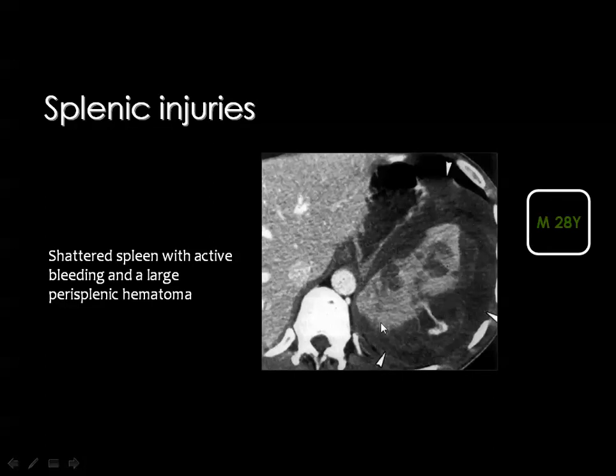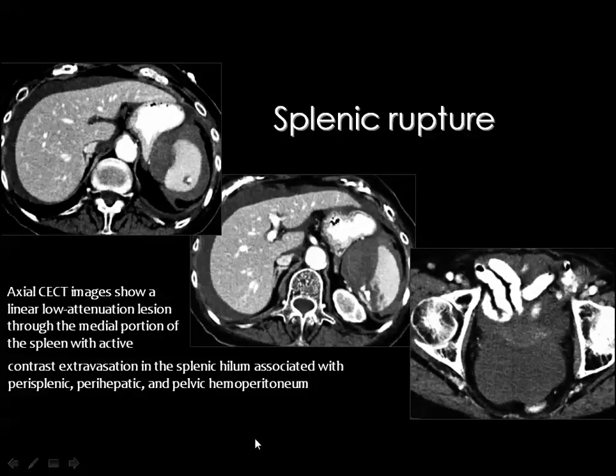And this is a splenic injury with extensive perisplenic hematoma, and you can see the bleeder or the extravasation of contrast from the site of bleeding. And this is also a case of splenic rupture with extensive intraperitoneal hemorrhage.